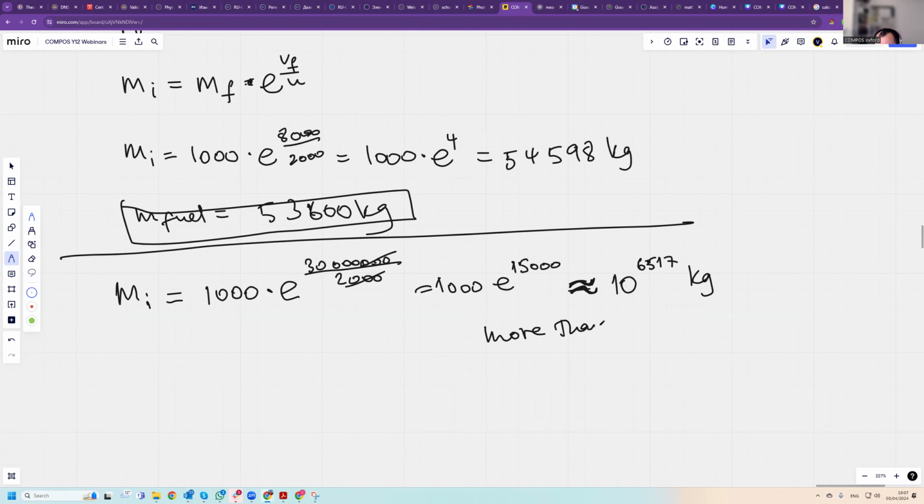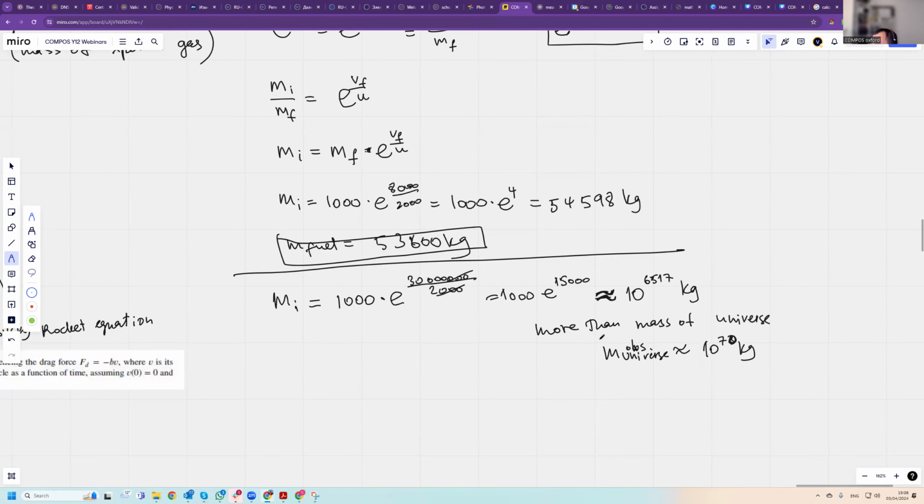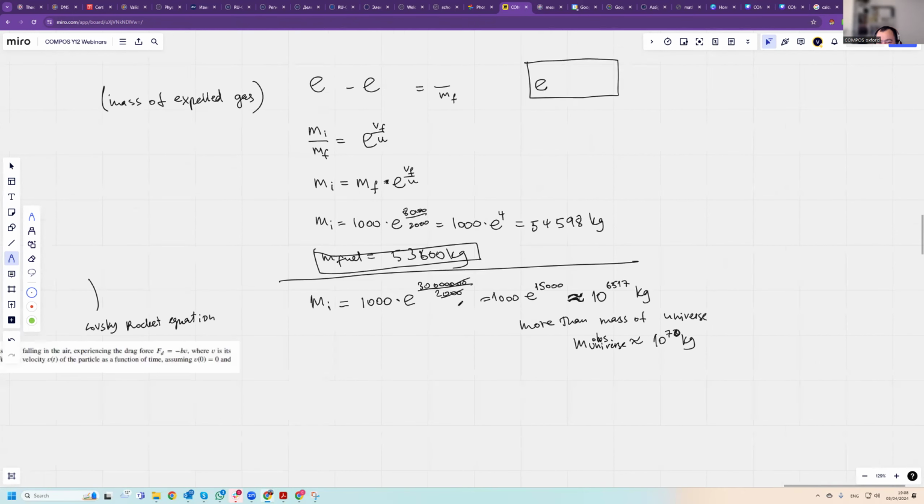And the mass of the observable universe is approximately 10 to the 73 kilograms, roughly. Okay, around 10 to the 70 kilograms.